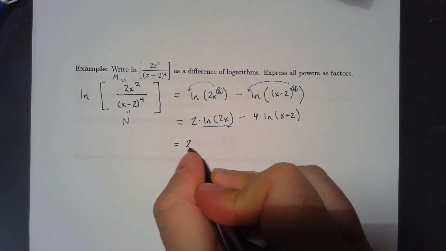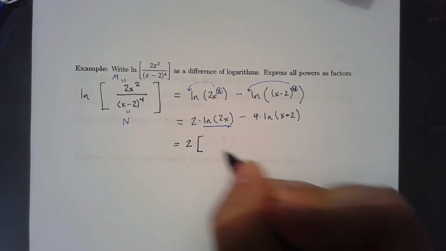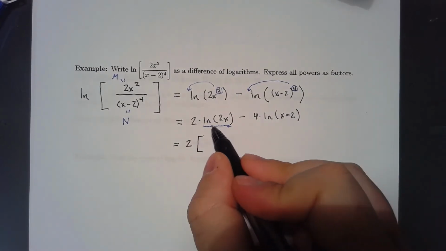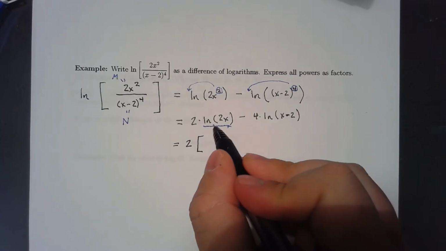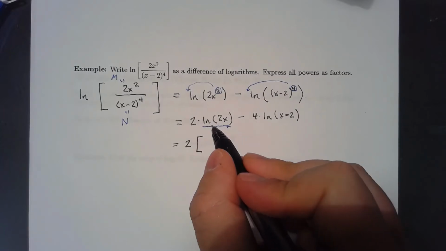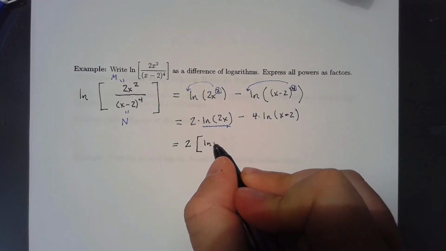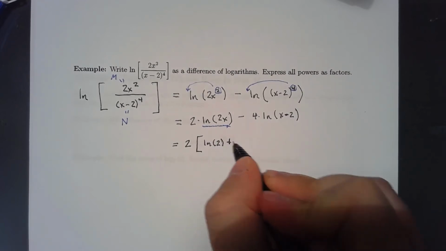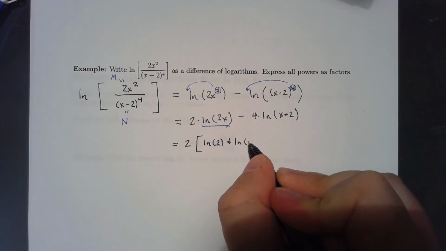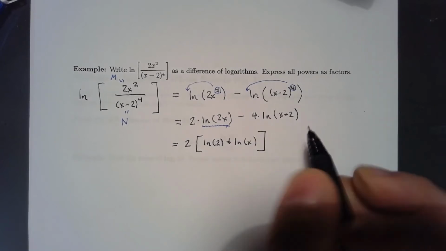I could write this as 2 times, now I'm going to put parentheses here. So this is a log of a product again, so the log of a product equals the sum of the logs, right? So I could write this as ln of 2 plus ln of x, right?